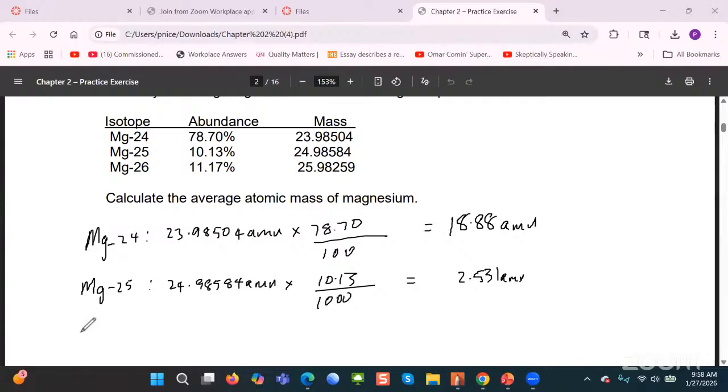Then we do the same thing for magnesium 26. For magnesium 26, we take this number, which is 25.98259 AMU, multiplied by 11.17 divided by 100. Oh, by the way, this should be 100, not 1,000.